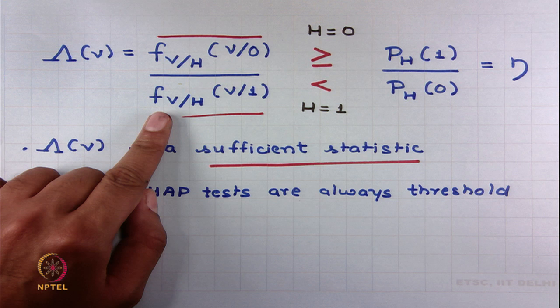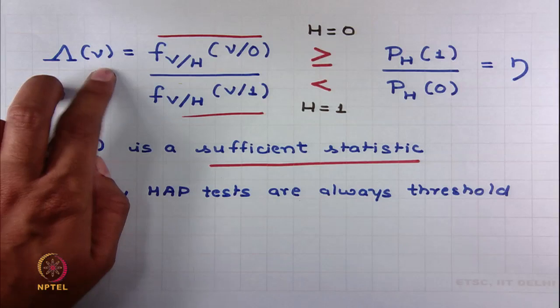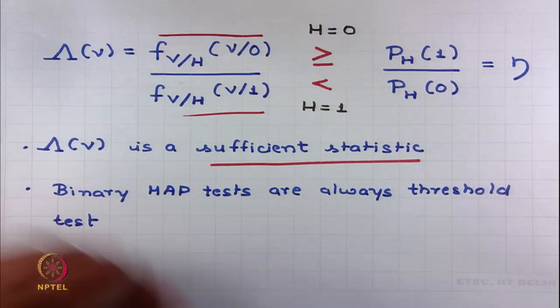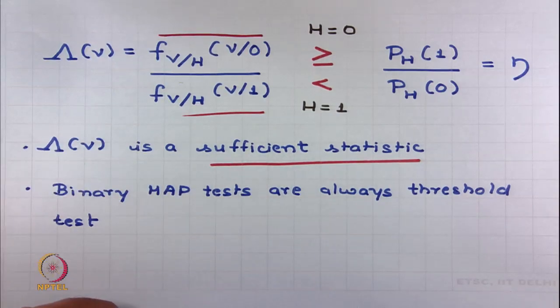So, what does a detector do? It calculates this likelihood ratio, which is just a number obtained by the ratios of these two likelihoods, and then it compares this likelihood ratio with this threshold and decides whether it should choose a hypothesis to be 0 or to be 1, and it is a sufficient statistic.